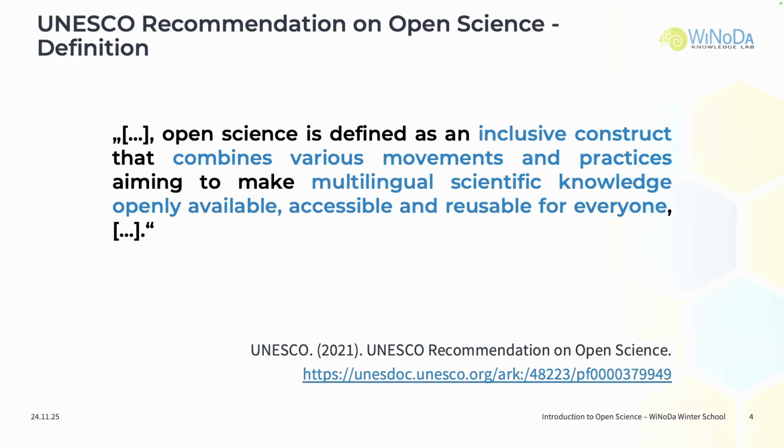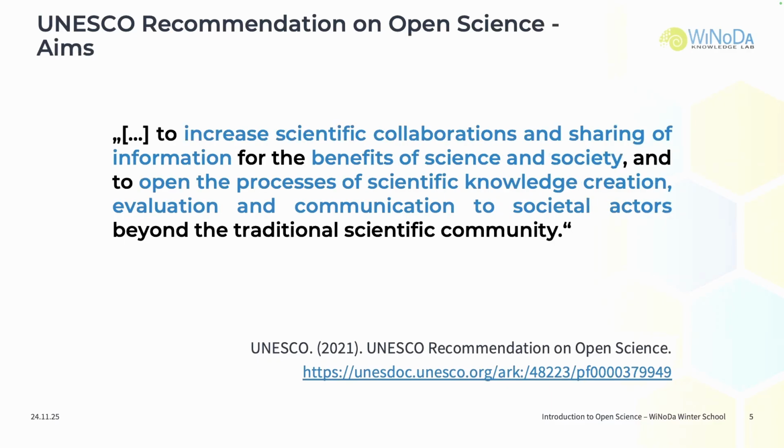And as you see, this citation refers to various movements and practices, showing how open science is really broad and embraces and contains different trends of movements to open science, but also in society, and includes diverse aspects such as open access, public engagement, open educational resources, open data, of course, etc. The UNESCO recommendation then goes on and also defines the aims of open science.